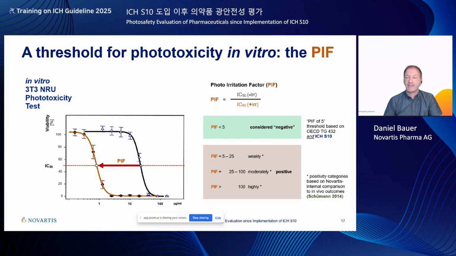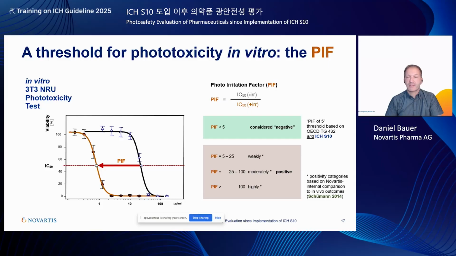And based on ICH S10, everything below 5 is considered negative. The OECD guideline also has a range of 2 to 5, which is equivocal phototoxic. But for regular outcomes in the pharmaceutical industry, a PIF value of 5 is the threshold.